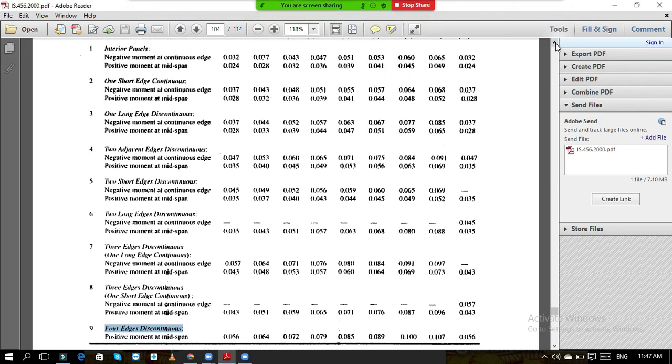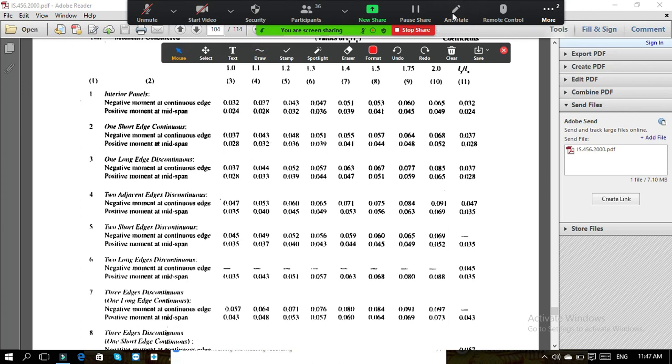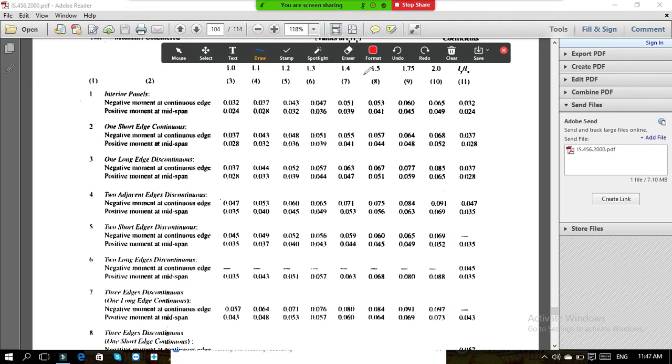We will move up over here and see where 1.48 lies. If you see, this value of 1.48 lies in between 1.4 and 1.5. So in the columns of 1.4 and 1.5, we have to do the interpolation.